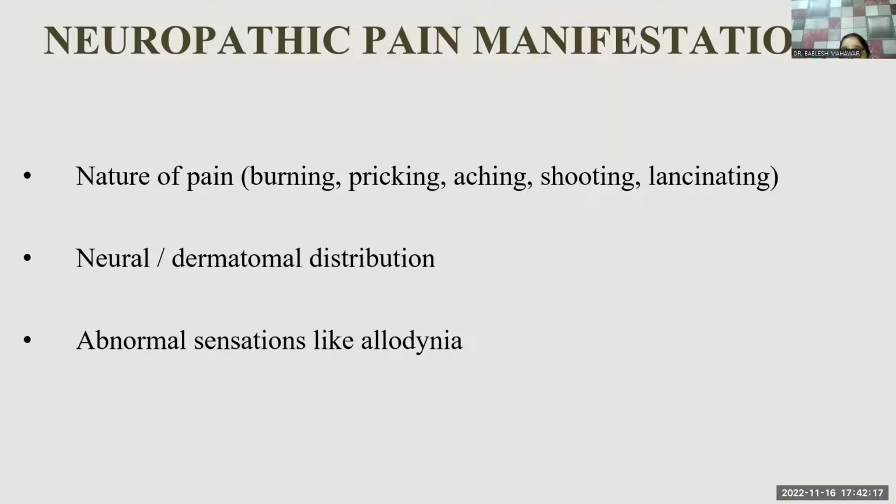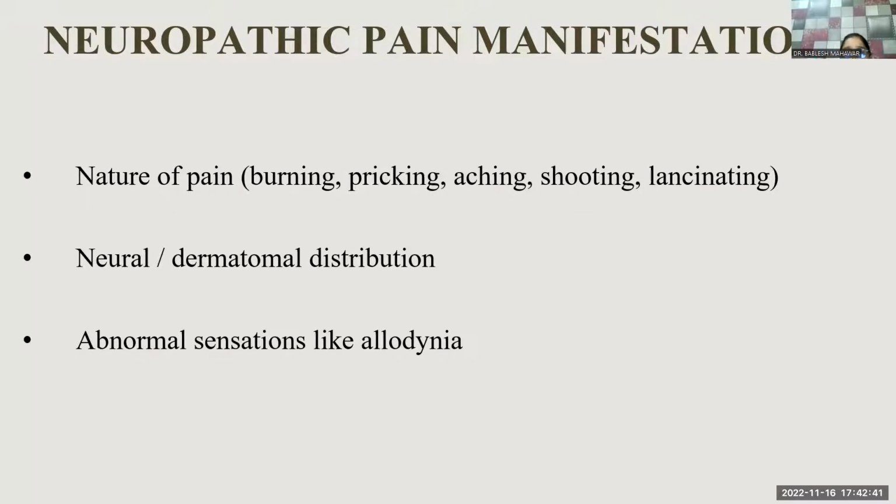These are a few features of neuropathic pain. Sometimes it is there in a dermatomal distribution, like in case of disc prolapse, it follows the L5 dermatome, S1 dermatome, like that. And abnormal sensations like allodynia. Touch can be felt as only touch, but sometimes in these patients, touch can be felt as painful also.